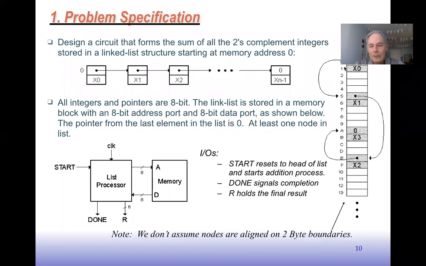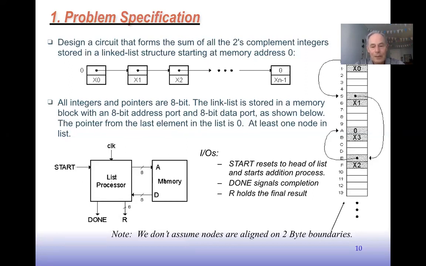What it's going to do is follow all these nodes and add up all the X values, right? Because that's what we want to do, add up all these integers. And when it's done, the list processor asserts the done signal, and the result appears on the R result signal here, this R output that's 8 bits wide.